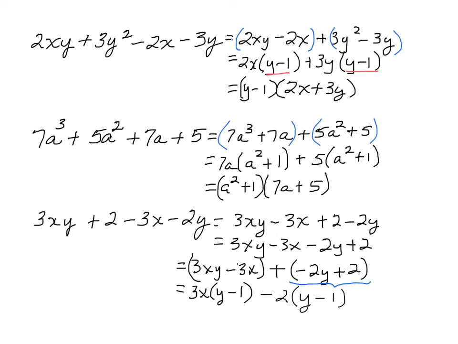But we have to factor out a negative in order for it to work. Okay? So we have y minus 1 common, and it leaves us 3x minus 2. And so we have then factored it. If you don't get it, I will go over this type in class.